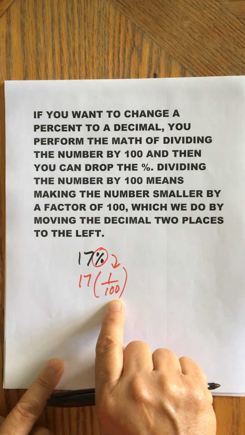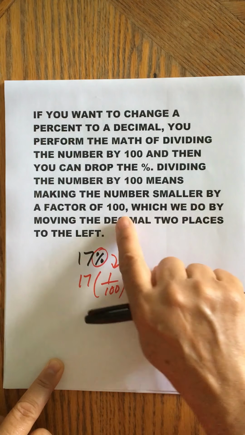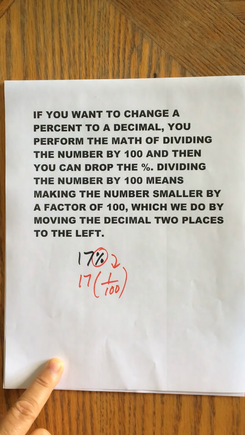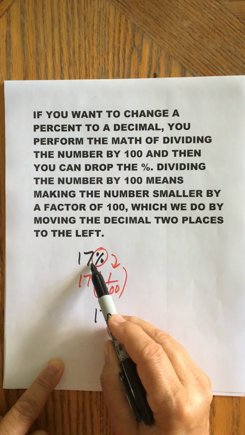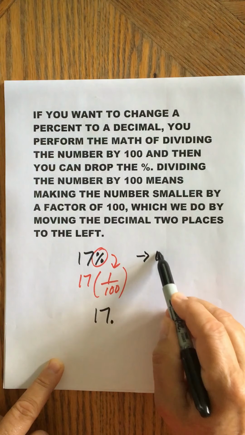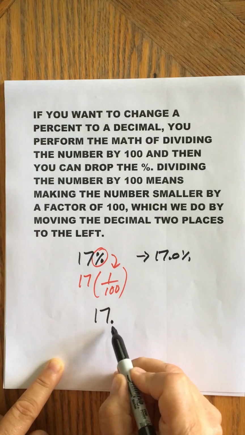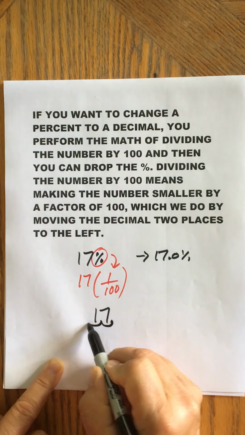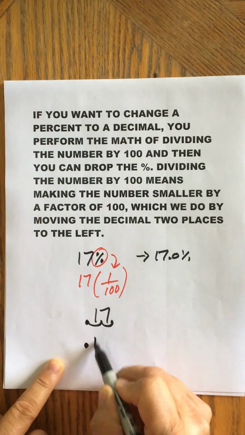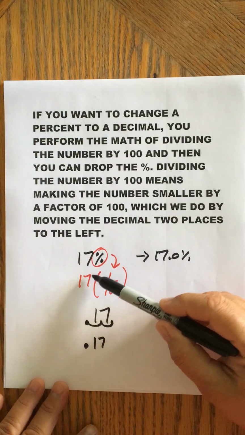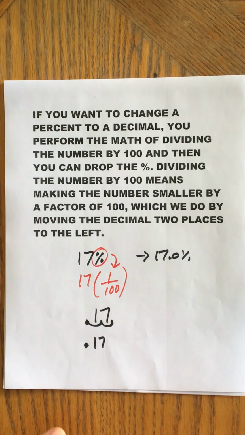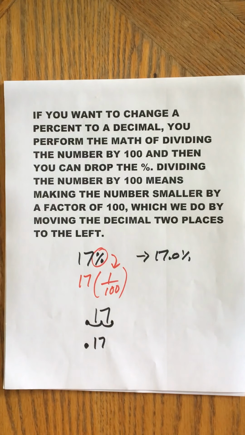Dividing means you're going to make a number smaller by a factor of 100, which means 2 decimal places. Here's my decimal place right now, because that's like 17.0%. I need to make it smaller by going 1, 2 to the left. So I have 0.17, and then I can drop this. By dropping this, I perform the calculation of dividing by 100, which means moving the decimal to the left 2 places. Okay?